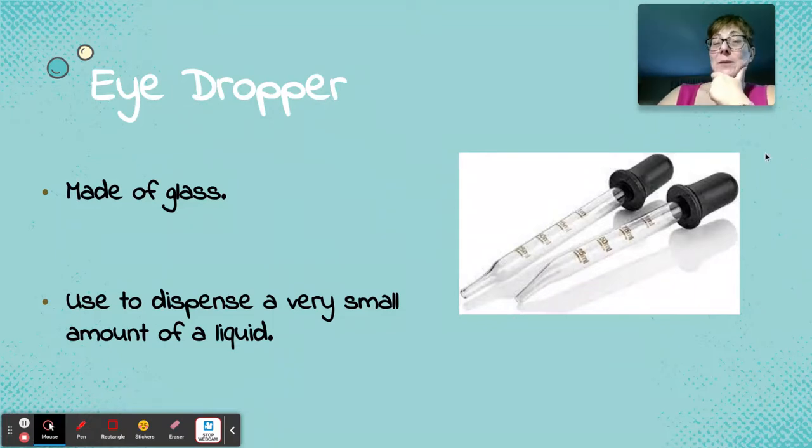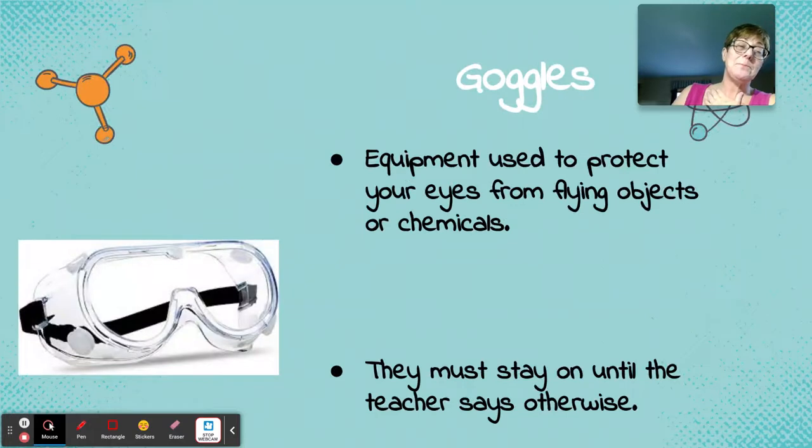We also have something called a pipette, which I've neglected to put a picture on. We have plastic pipettes, and those are also used to get very small amounts of liquid out. Okay, remember, precision is important because the amount of chemicals you put together will affect the outcome, the reaction that happens. Okay, eyedropper.